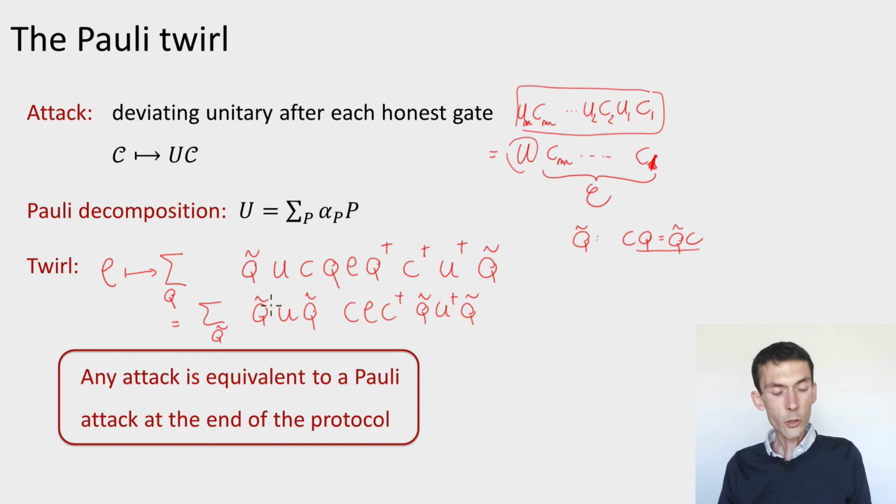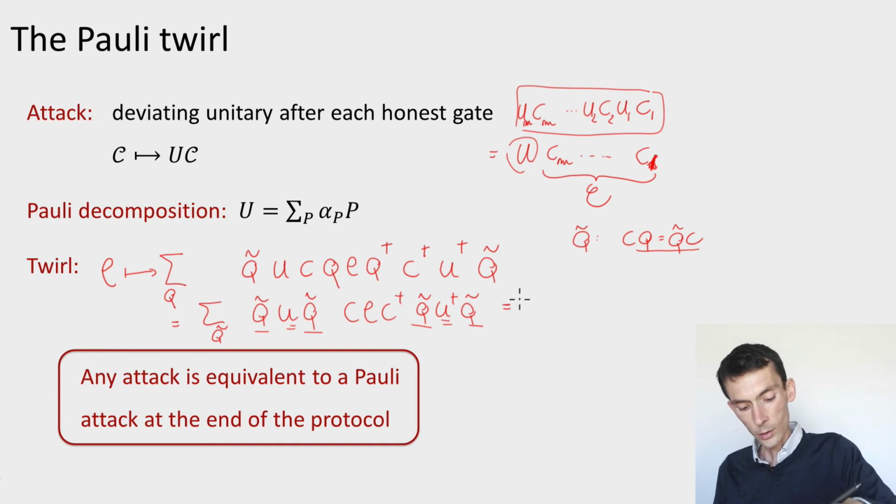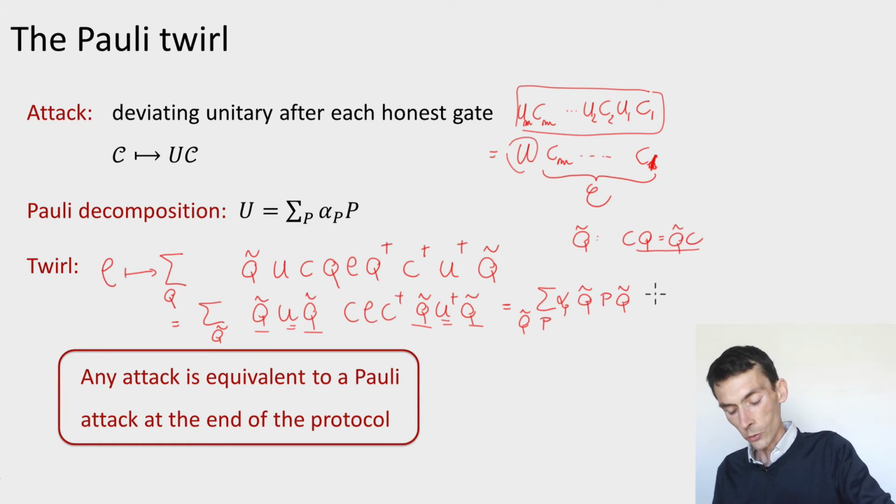And so this operation here of conjugating the U by random Paulis here and here, here and here, this is called the Pauli twirl. And if you expand U in the Pauli basis, you can rewrite this expression as a sum over Paulis P of Q tilde, the sum over Q tilde is still there, some coefficient alpha P, which is non-negative, Q tilde P Q tilde, the circuit, and then again Q tilde P Q tilde.